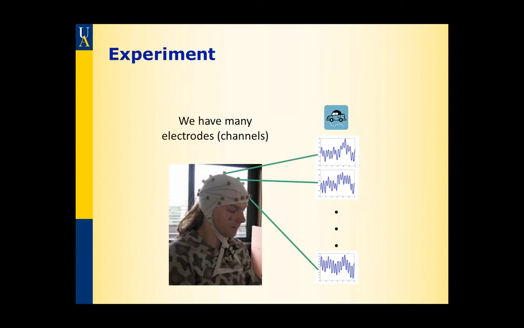Now, we show this person a car, so for each electrode we will have a signal.